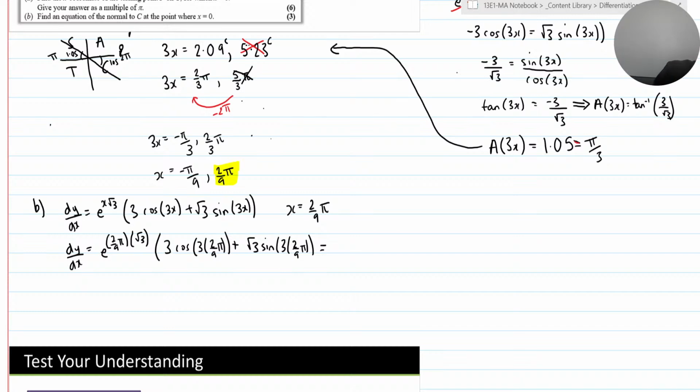Open bracket, 3 cos of, open bracket, 3 times by, fraction button, 2/9 of pi, close bracket, plus shift, no, not shift, √3, yeah.